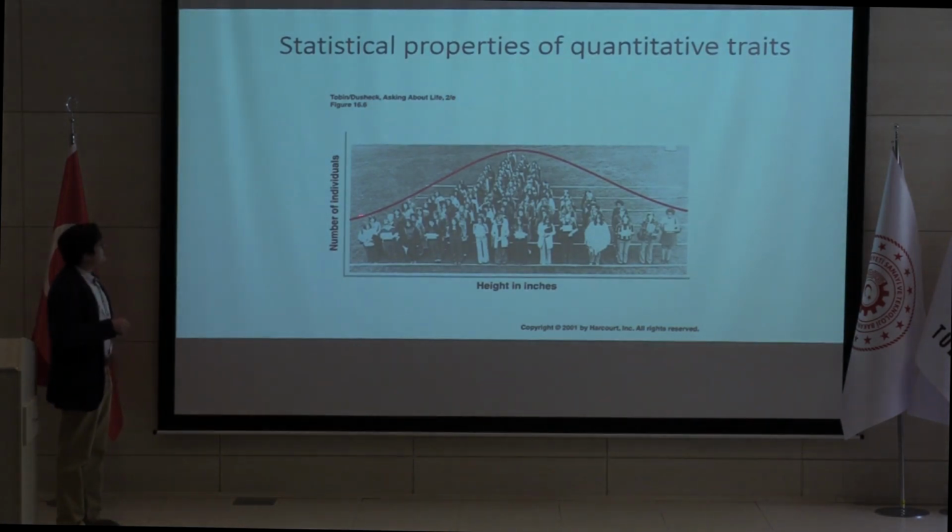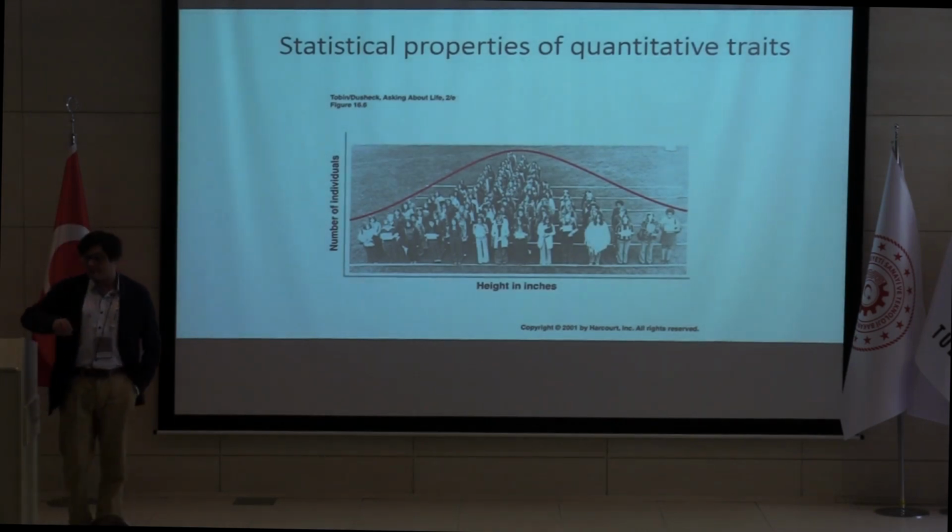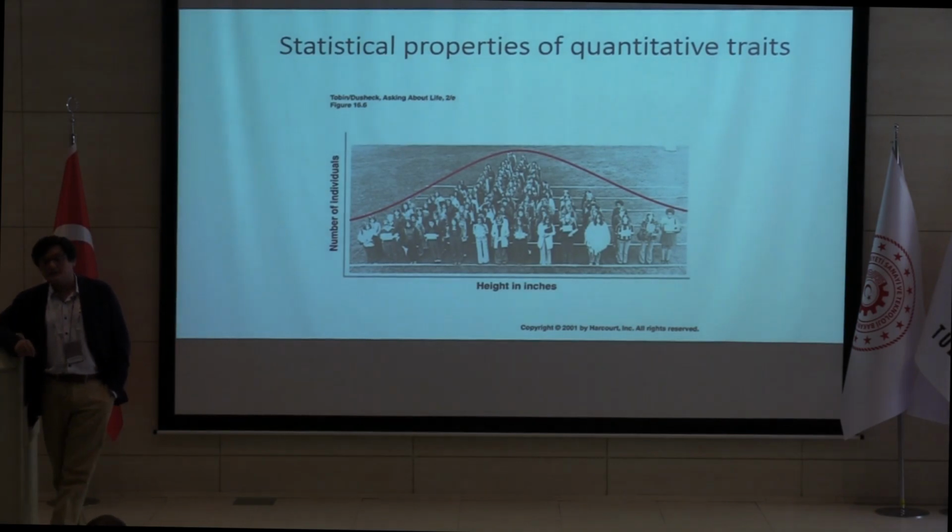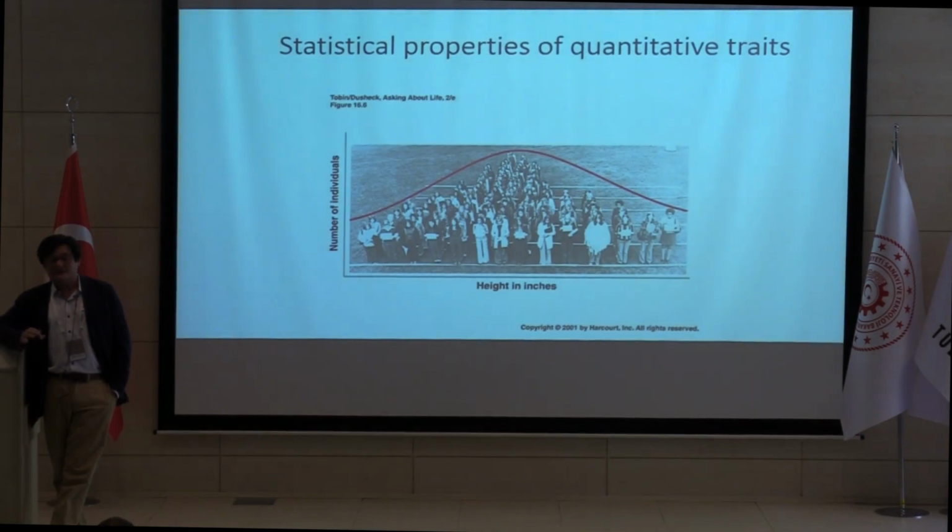The idea was that there are real laws, and this is one of the examples of statistical laws of genetics. People are lined up, and height is normally distributed. Height is a pretty inconvenient phenotype, but it's always used as a very obvious one, so I'll keep using it as an example.